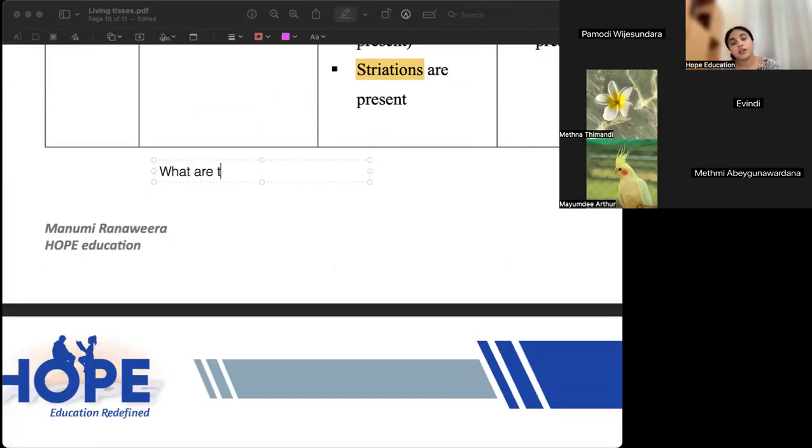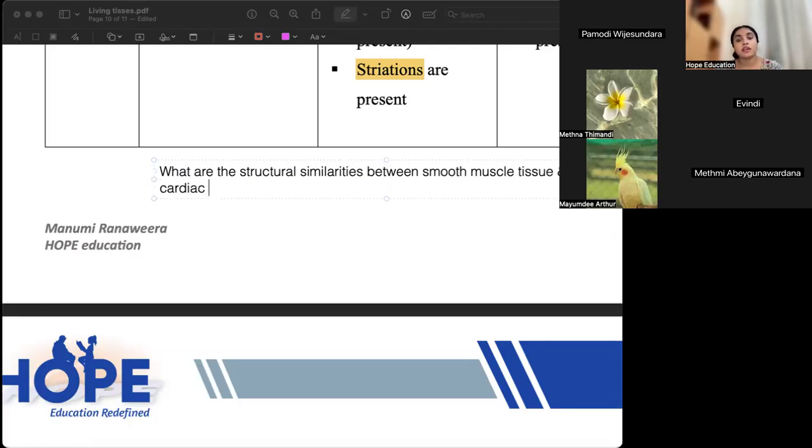What are the structural similarities between smooth muscle tissue and cardiac muscle tissue? You can put it in the chat box or you can unmute and tell me.